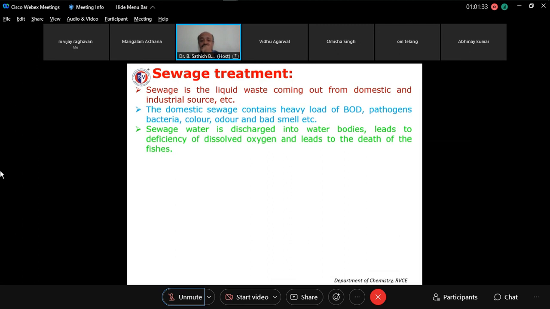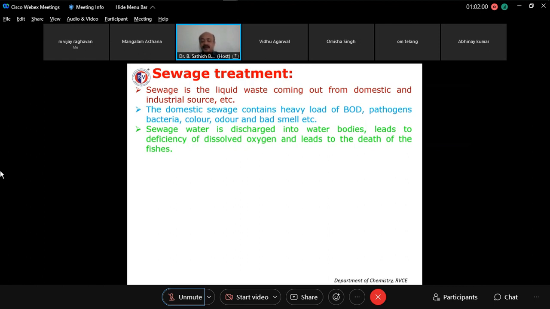Sewage water discharged into water bodies leads to deficiency of dissolved oxygen and leads to the death of fishes or any aquatic creatures, aquatic animals, right? So the polluted water, if you discharge directly into any water bodies, what happens? The pollution level in the water body, like river and lake, will increase.